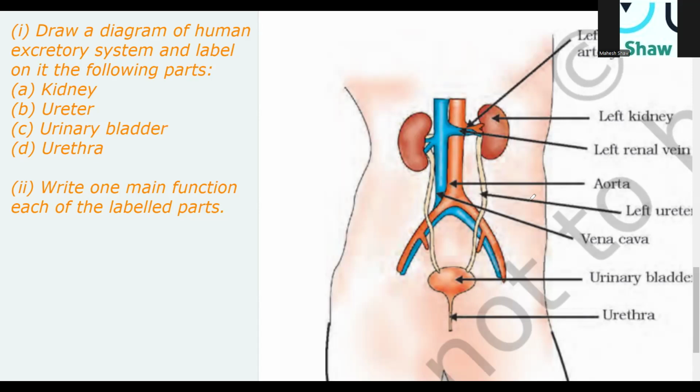The ureter carries urine from the kidney to the urinary bladder. Next is the urinary bladder, a muscular structure that stores the urine until we get the urge to remove it. And last is the urethra, the tiny opening that expels the urine out of the body.